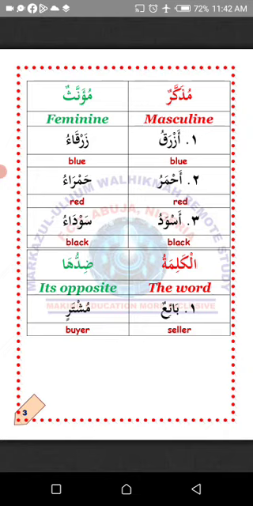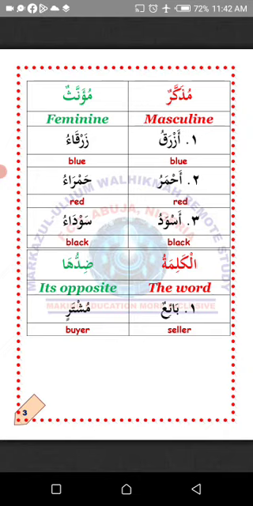For instance, هذا بيت أزرق. This is a blue house. We say هذه سيارة زرقاء. This is a blue car. لعلك فهمت؟ بيت أزرق، سيارة زرقاء.